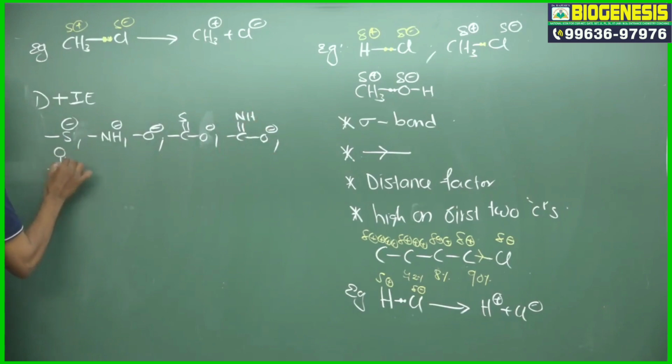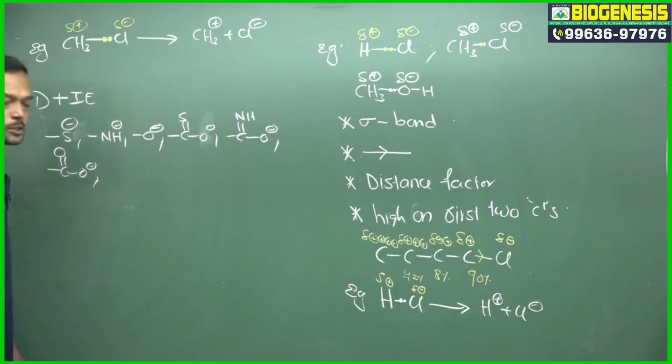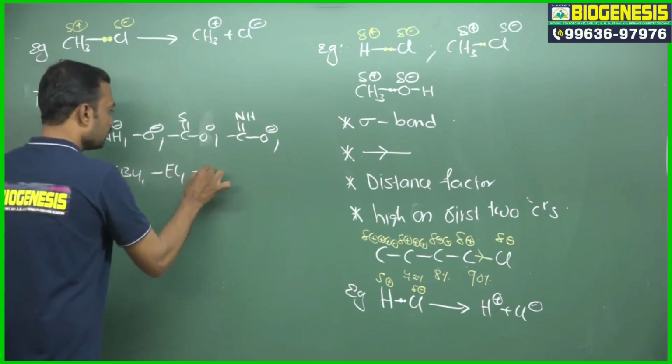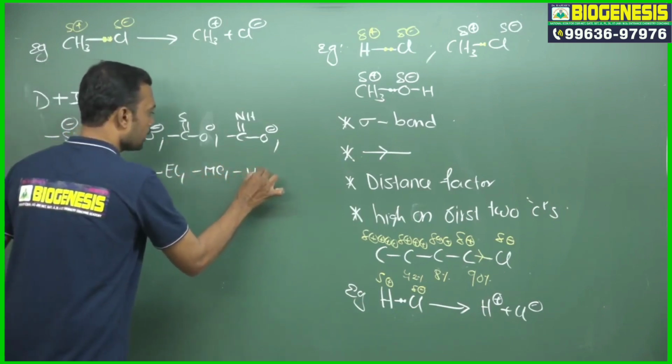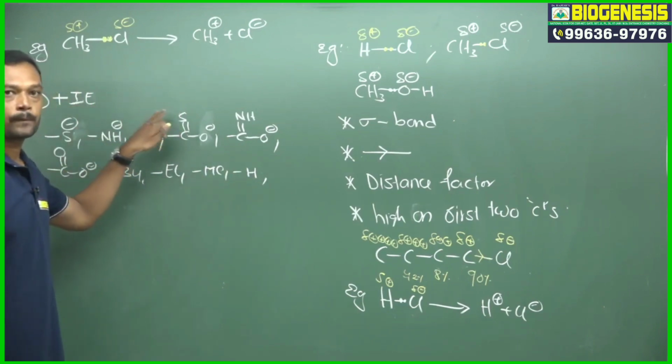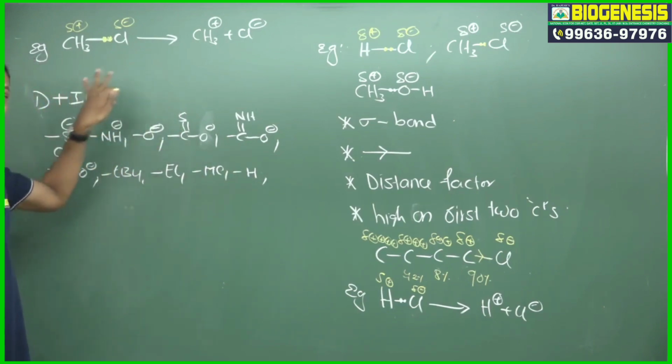We can take many examples here; I already explained in another video, just go through it. These are all ethyl, then methyl, then finally hydrogen. So these are completely releasing groups through a sigma bond.